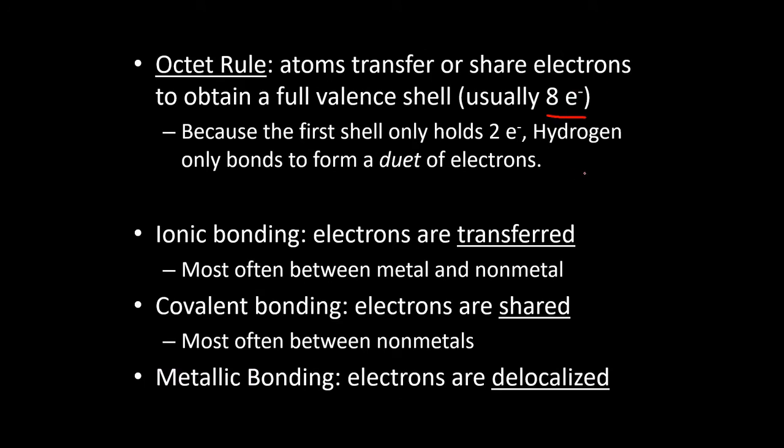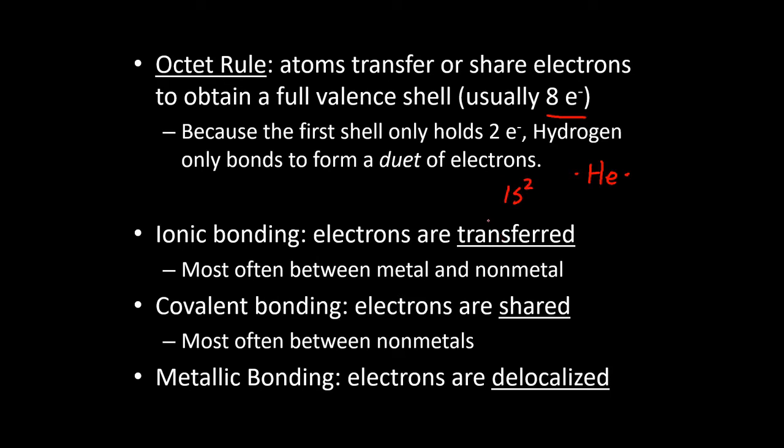And by the way, the reason hydrogen is perfectly fine having only 2, that's what helium has. Helium, a noble gas, has only the 2 electrons, and that is actually also a full valence shell, because if you only have 2 electrons, those are going to go into the 1s.